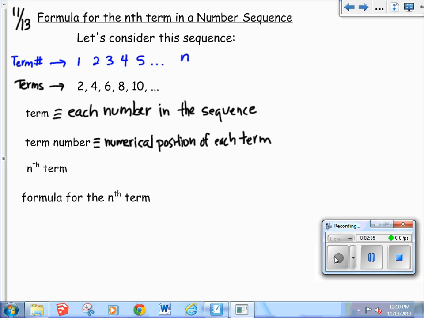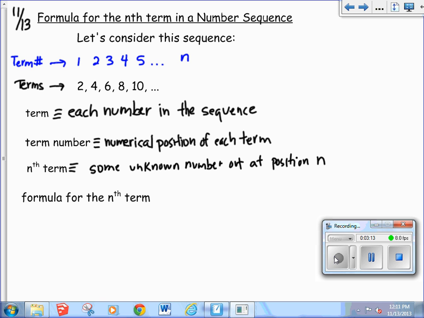Next is the nth term. The nth term is some unknown number out at position n.